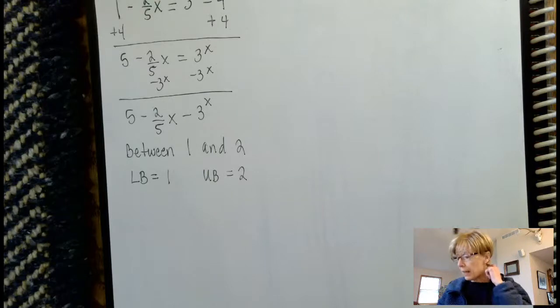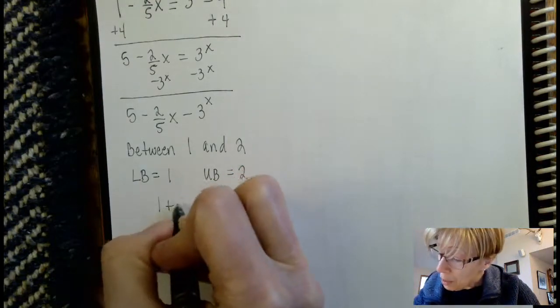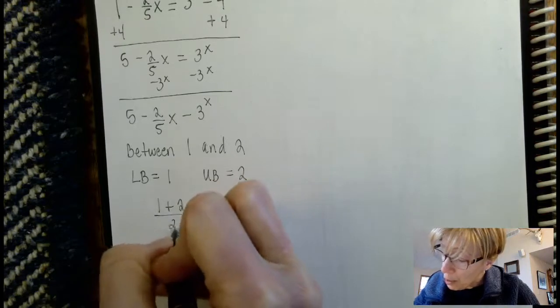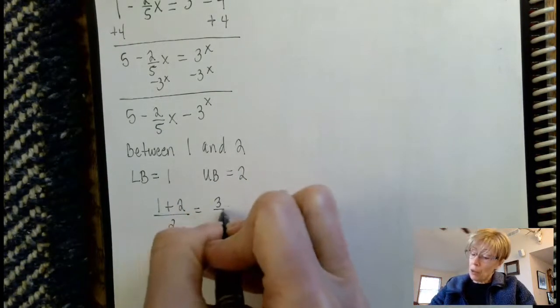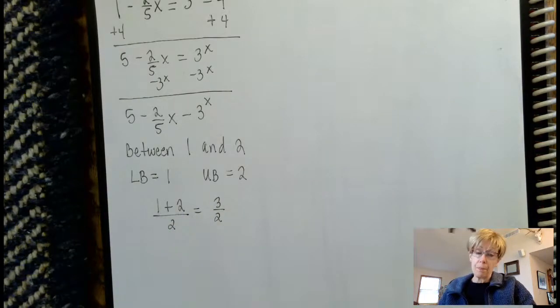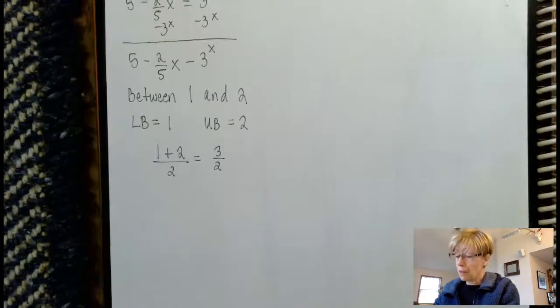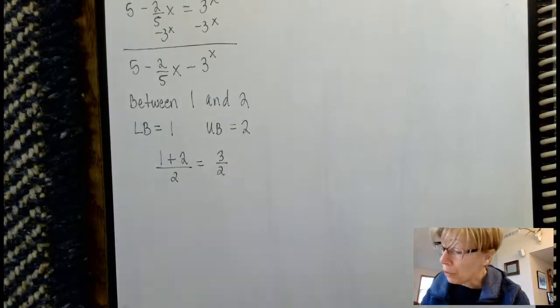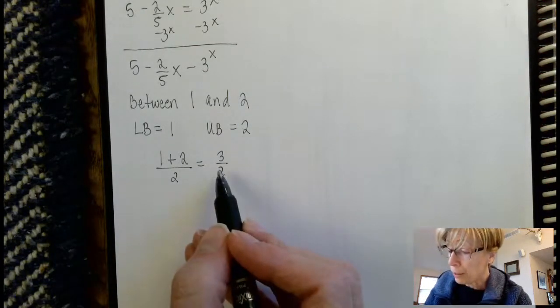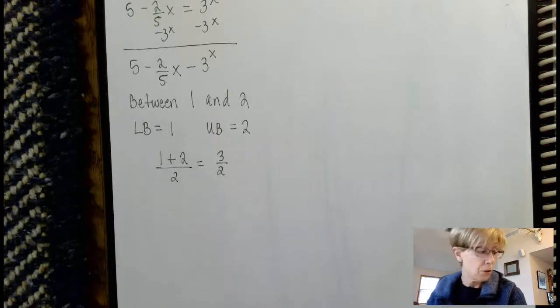And we're going to take the average of those values. So we're going to take 1 plus 2 divided by 2 equals 3/2. Now we're going to take that value of 3/2 and put it back into the equation.